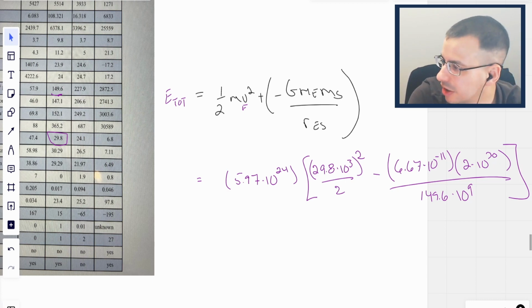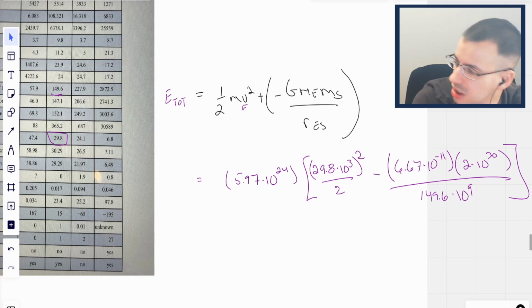Probably could have done some simplifying here. Divided by 149.6 times 10 to the 9th.